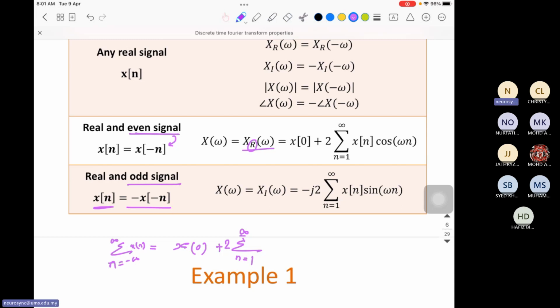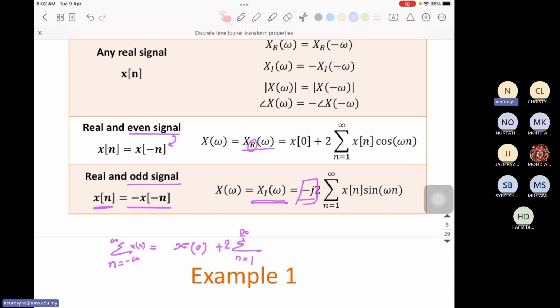Now, if this is an odd signal, I will be having only the imaginary part of this. So this is equal to what? This is equal to minus j times this. This minus j factor is important. That is the j factor basically. Minus is already there.